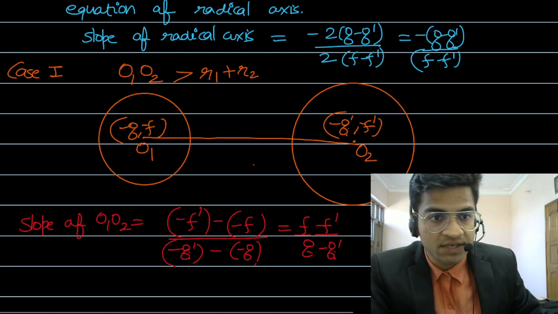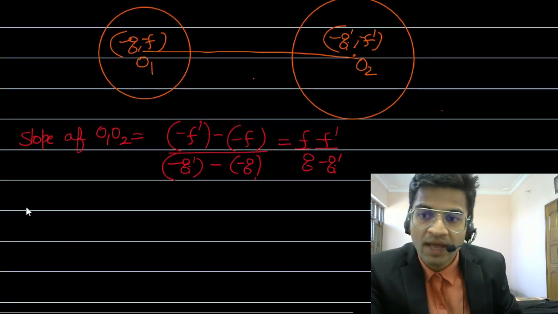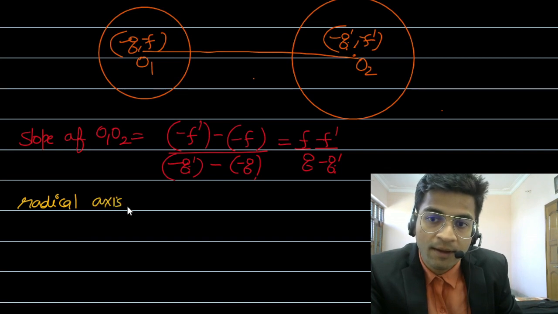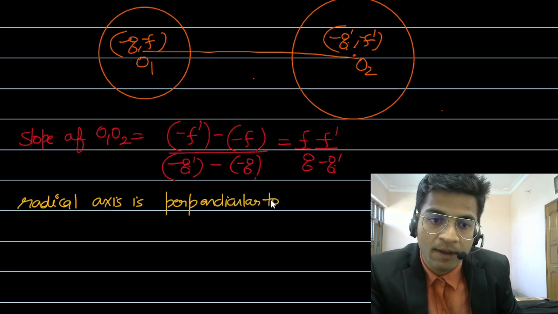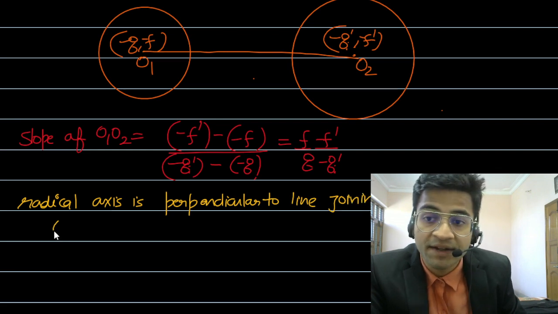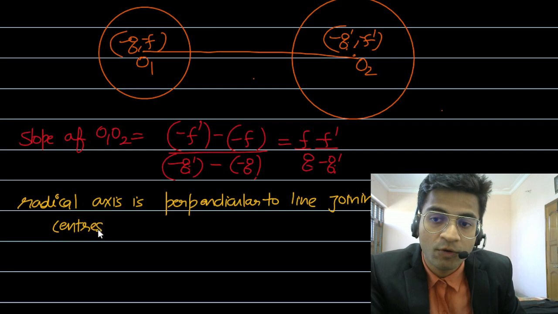So the radical axis is perpendicular to the line joining the centers of two circles.